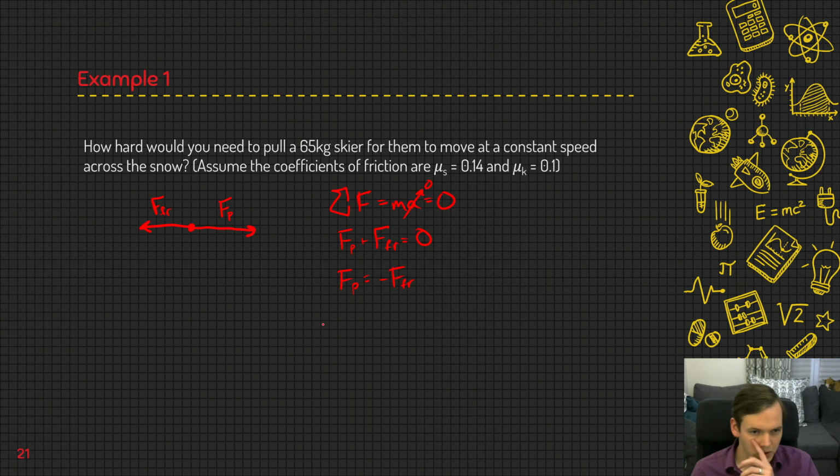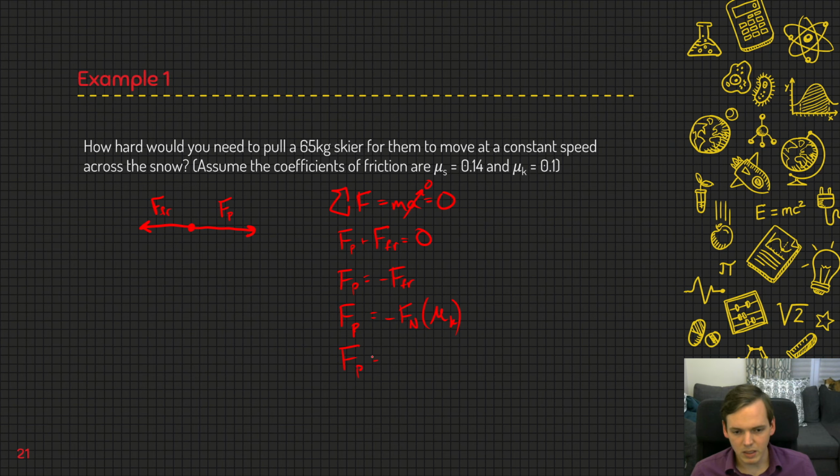And so if you're going to pull, we know that we want that to equal the friction, which is going to be the normal force times the coefficient of kinetic friction, because we're moving.